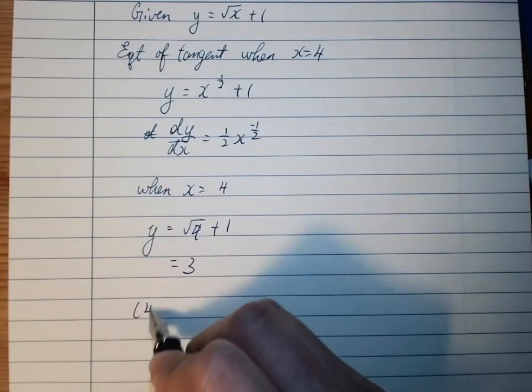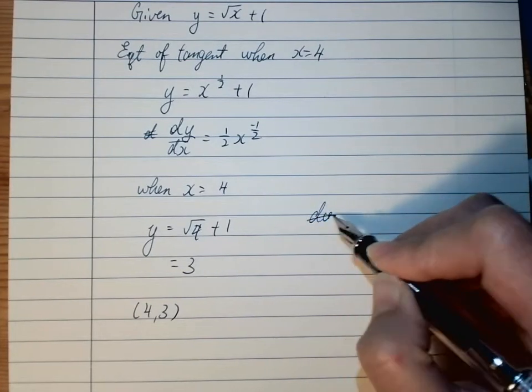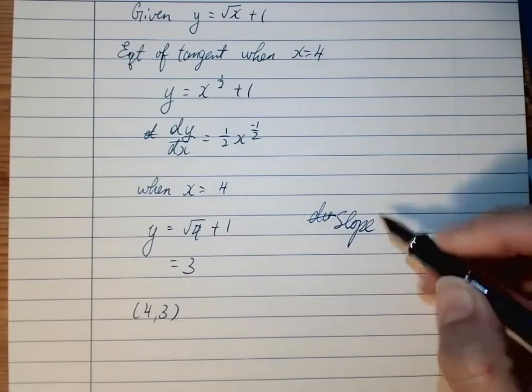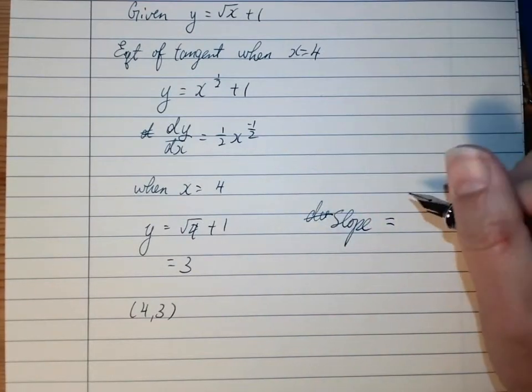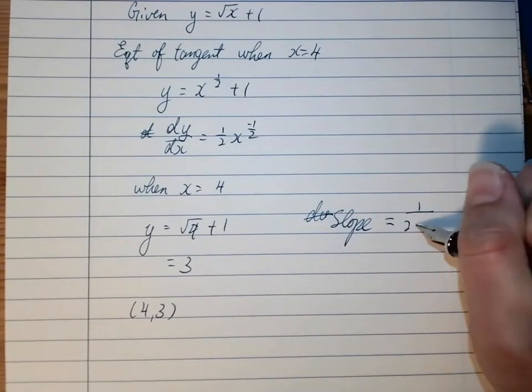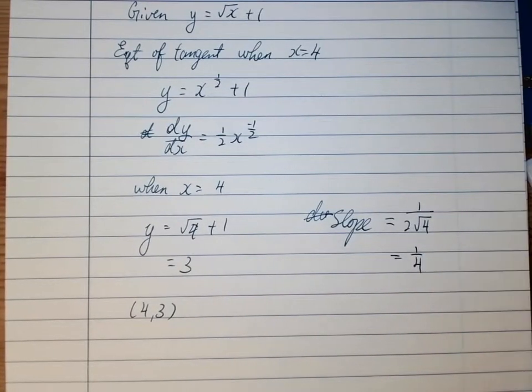Which means that I got the point (4, 3). And the slope would be, with 4 substituted, I change it to the look I like again, so we have 1 over 4.